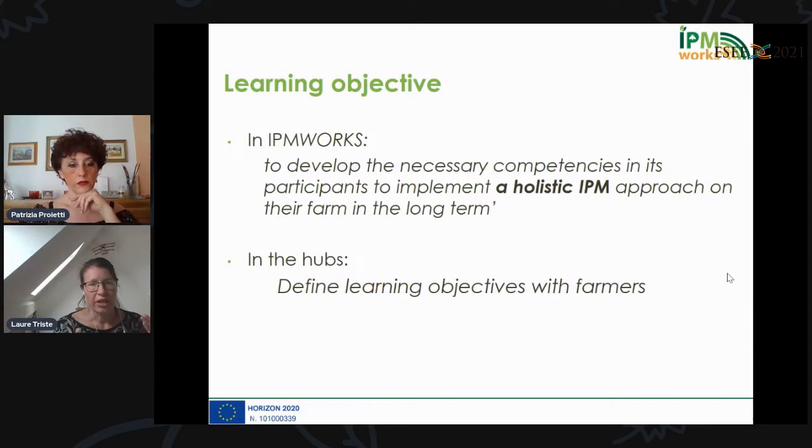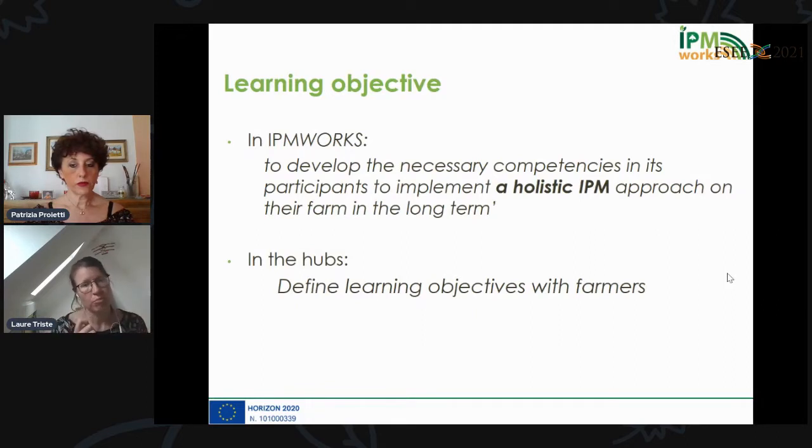So in contrast to what they call a single step IPM approach, where only one specific IPM method is implemented or tested, the aim of the project is to look at the whole farming system, and to have this holistic IPM approach on the whole farm.